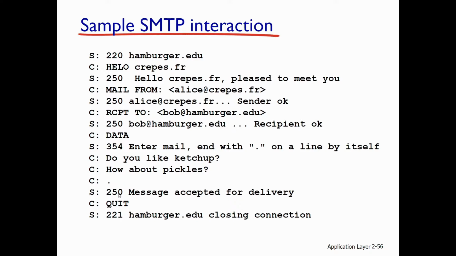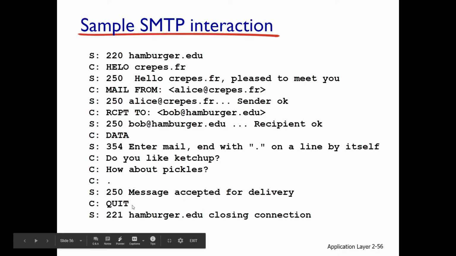The server responds with the status code and the status phrase. The client issues the QUIT command and the server responds to the command, and also prints the status information, that is, closing connection. So let us see the practical implementation of an SMTP client.